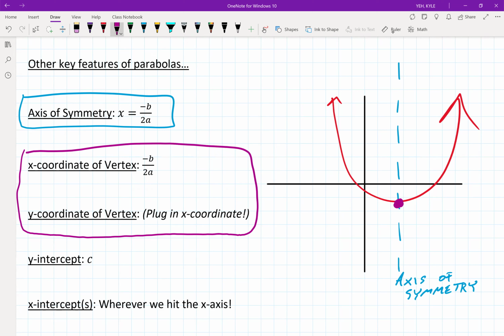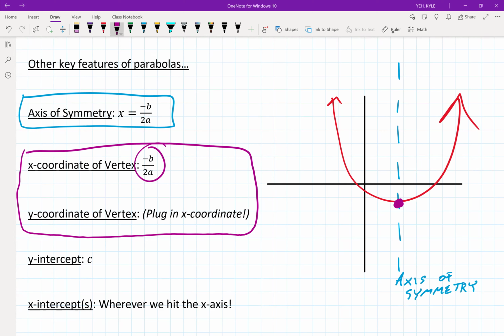And the good news is, because it's in the middle of the parabola, it's always on our axis of symmetry. And so how do we find the x value of that point? It's going to be the exact same equation as the axis of symmetry, negative b over 2a, because it will always lie on that line.